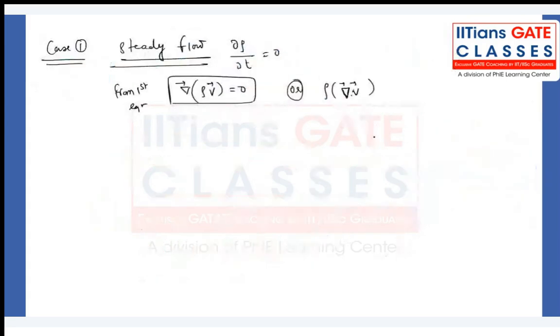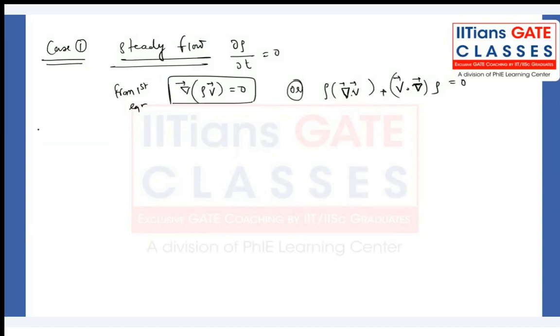Rho del dot v plus v dot del rho, that is equal to 0. Can we write like this? Take it out. No problem at all, right? So, yeah, make a note of it.